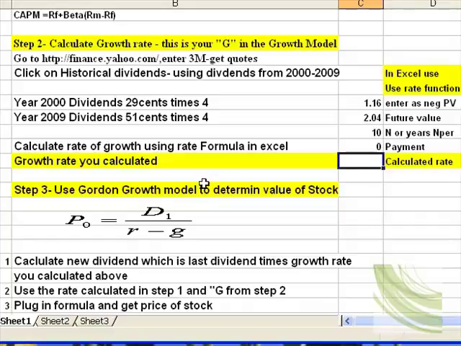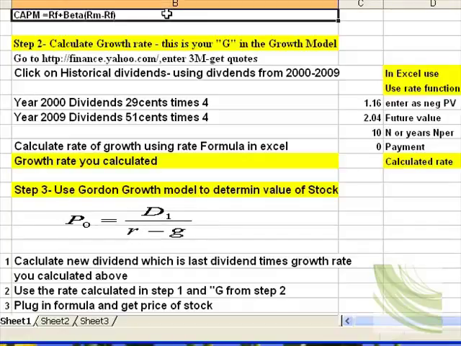So the new dividend would be the $2.04 times this growth rate that you calculated using the rate function. And now you're going to put that information up there, and the rate that you determined in step 1, the risk-free rate plus beta times the market premium. The market required rate was 9 minus the 4% is 5% times 1.20.